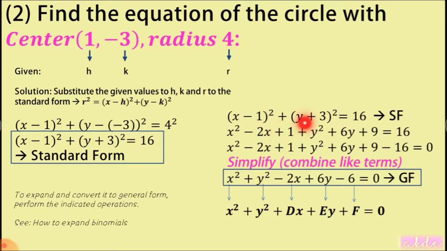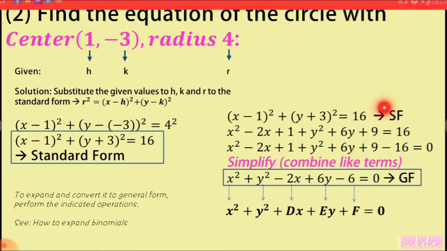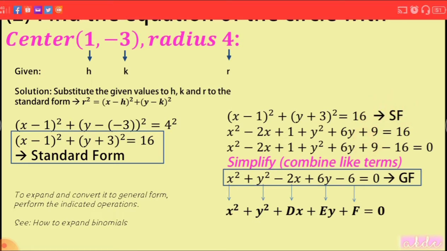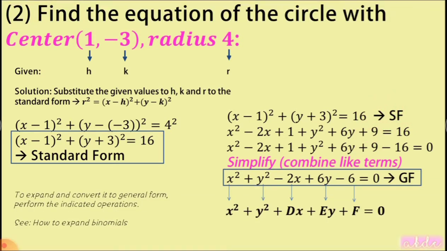Same with y plus 3 squared. Y times y is y squared. 3 times 2 is 6 times y is 6y. And then 3 times 3 is 9 equals 16. And then rearrange to get the general form. So x squared minus 2x plus 1 plus y squared plus 6y plus 9, transpose positive 16 to the left hand side, so it will become negative 16 equals 0.